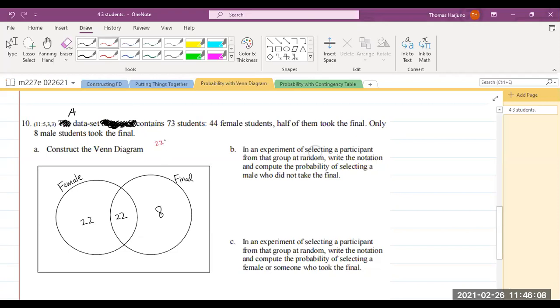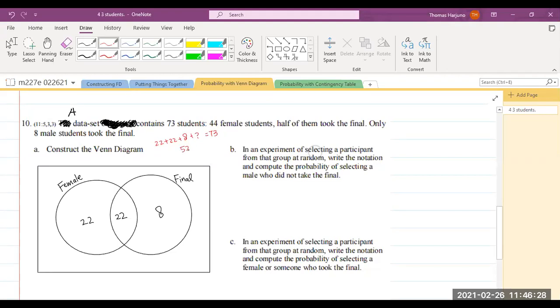So 22 plus 22 plus 8 plus what equals 73? I get 21. 30? I don't think so. Let's see. This is 52.